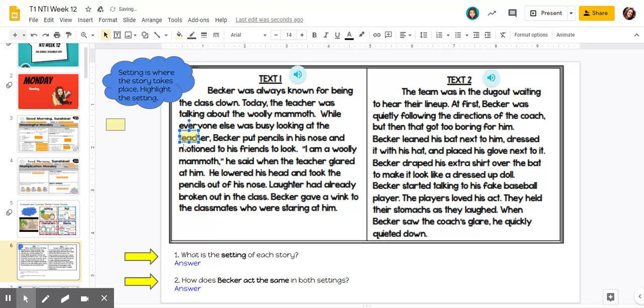Okay. And then you also have a second question on this one, and it's how does Becker act the same in both settings? So not only are you paying attention to the setting, where the story takes place, you're also paying attention to the character, Becker, and his behavior in both locations, in both settings.